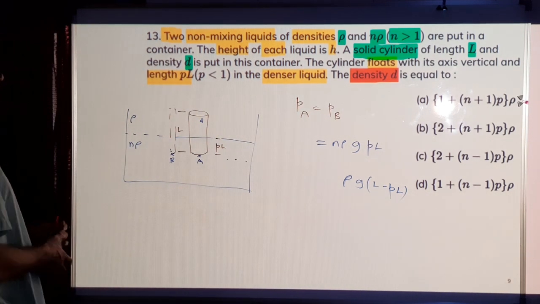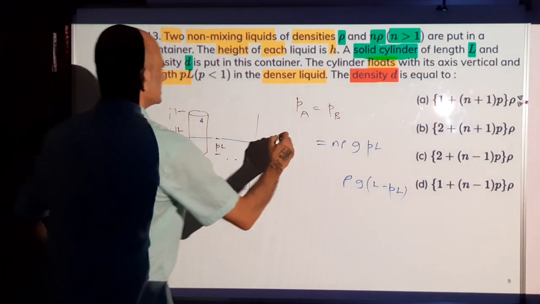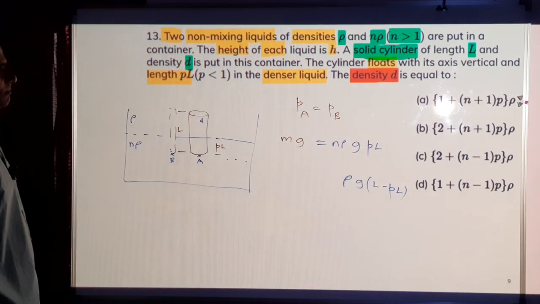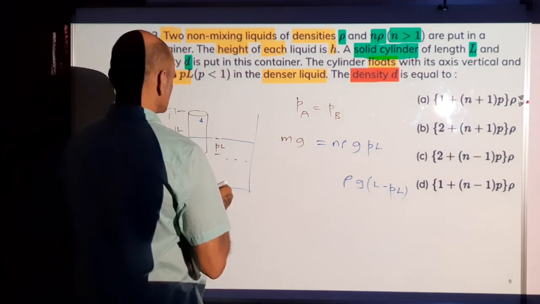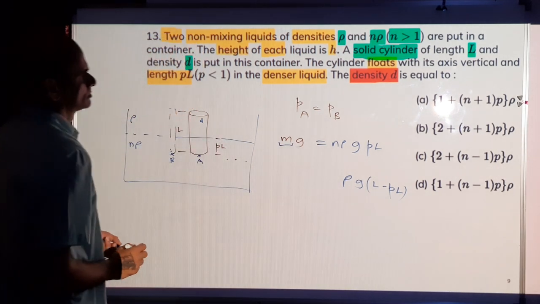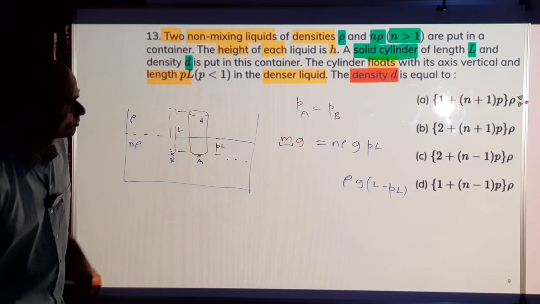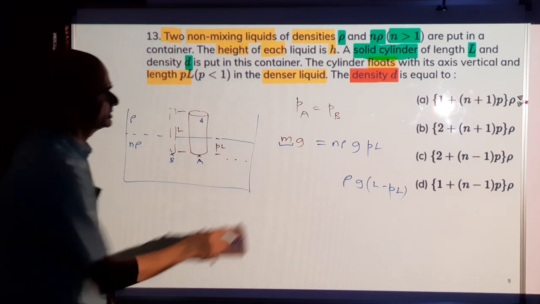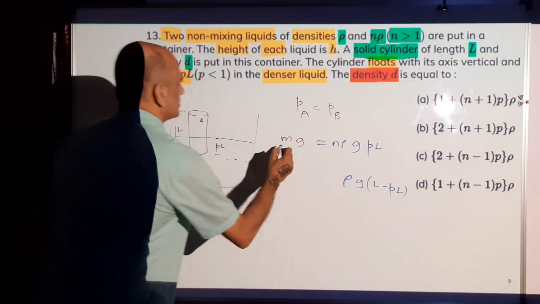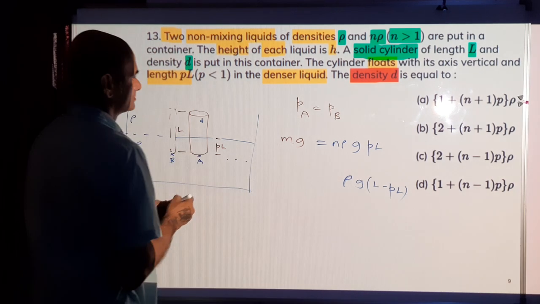Pressure at point A is because of the weight of the cylinder, so mass of the cylinder into G, divided by area. Pressure is the weight of this thing divided by area. Pressure is force per unit area.